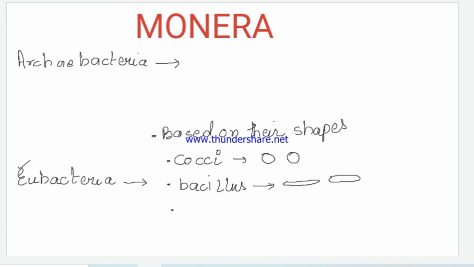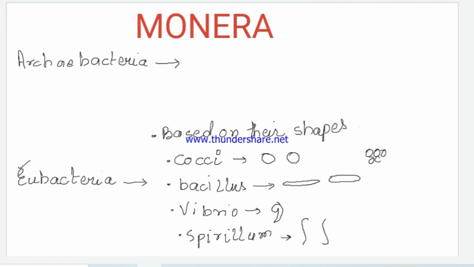The third is Vibrio. Vibrio are comma-shaped bacteria. Then you have Spirillum, spiral-shaped bacteria. And these bacteria can be present in bunches, where we call them staph.